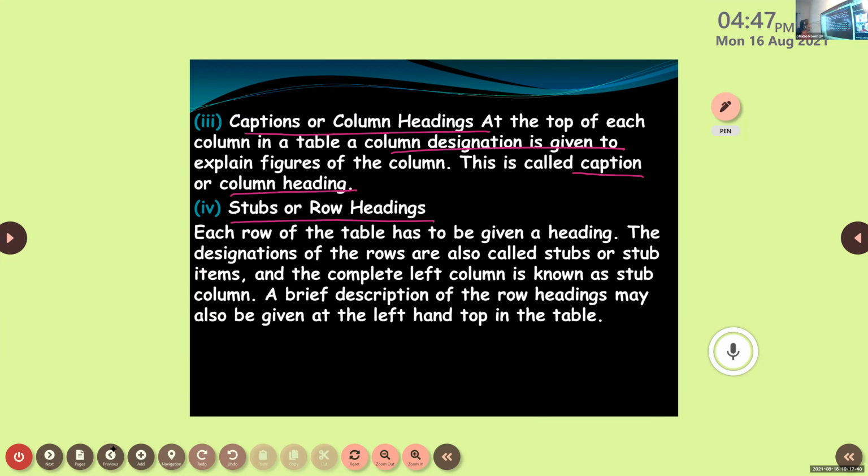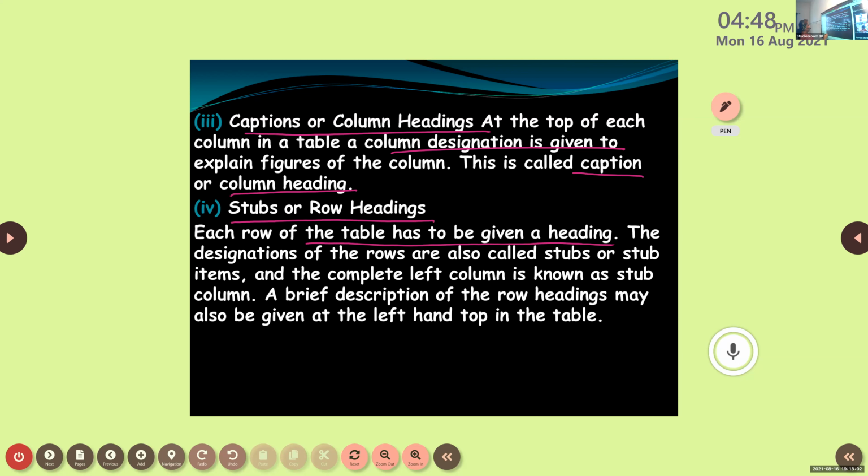Now, for each row of the table, there should be a heading. The designation tells us what the figures are. One designation is given, and we can see the figure or number there and understand that this many are there in that particular row.